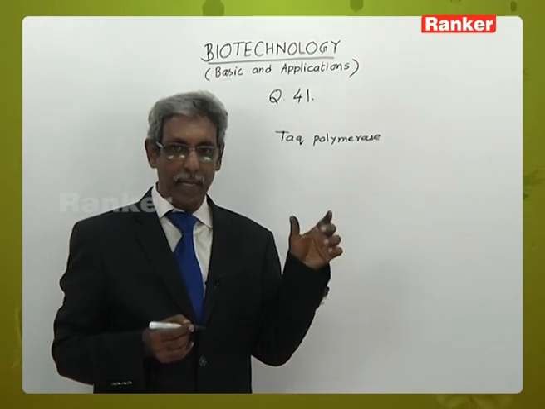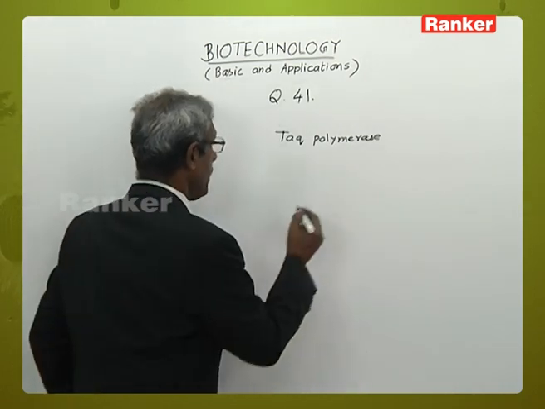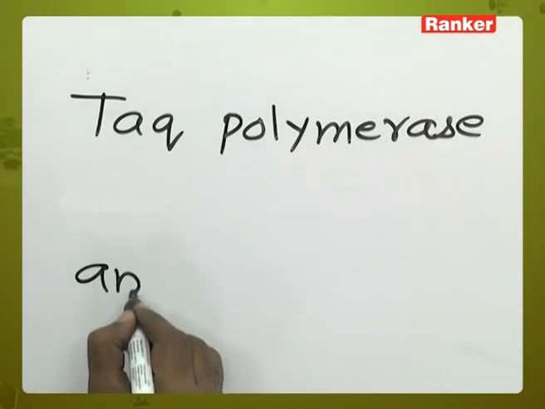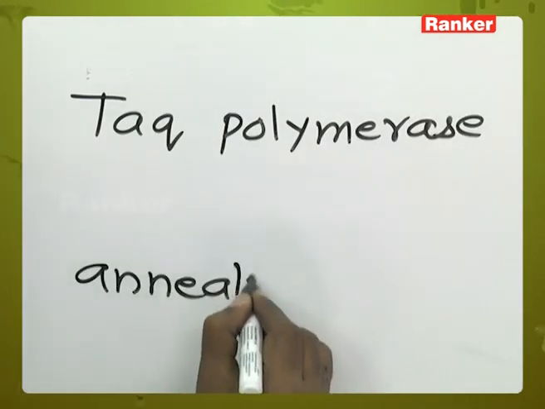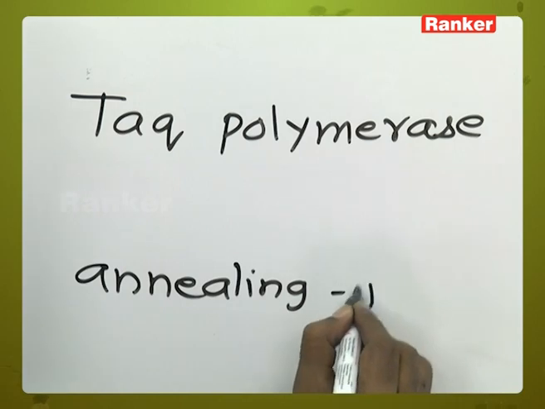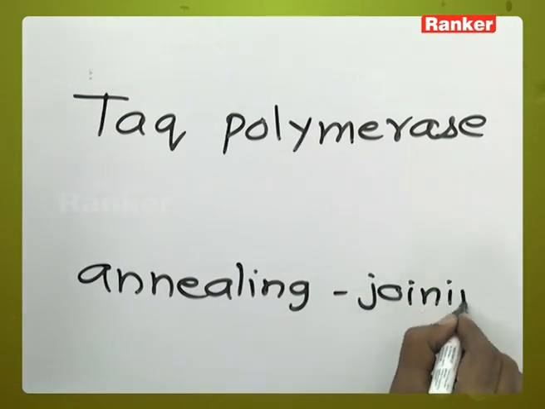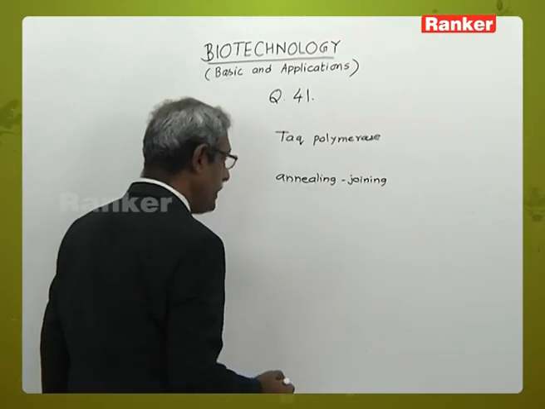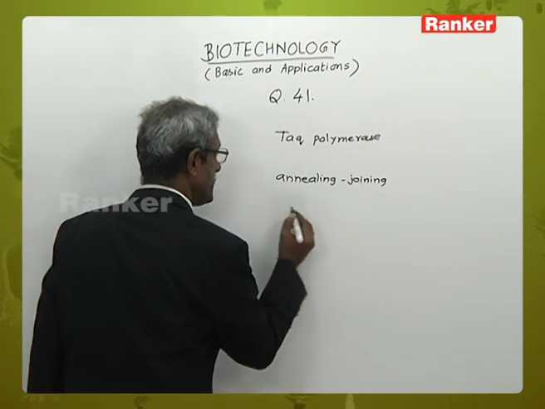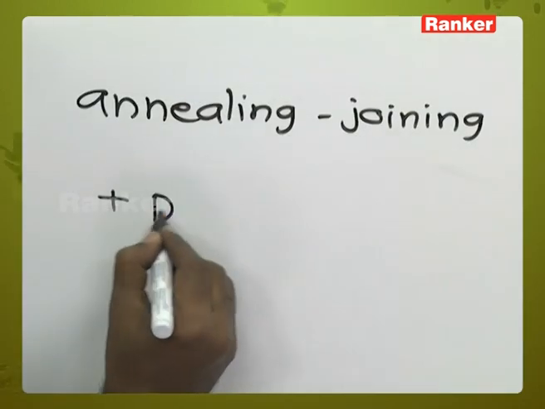And predominantly Taq polymerase helps with relation to both annealing, that is joining, and also it helps in increasing of the DNA content.